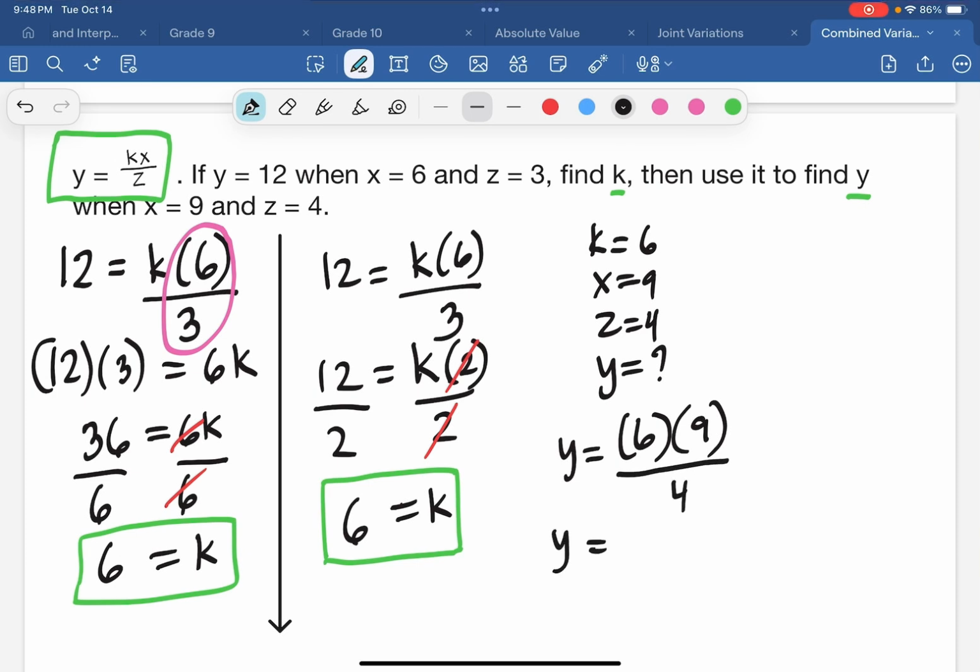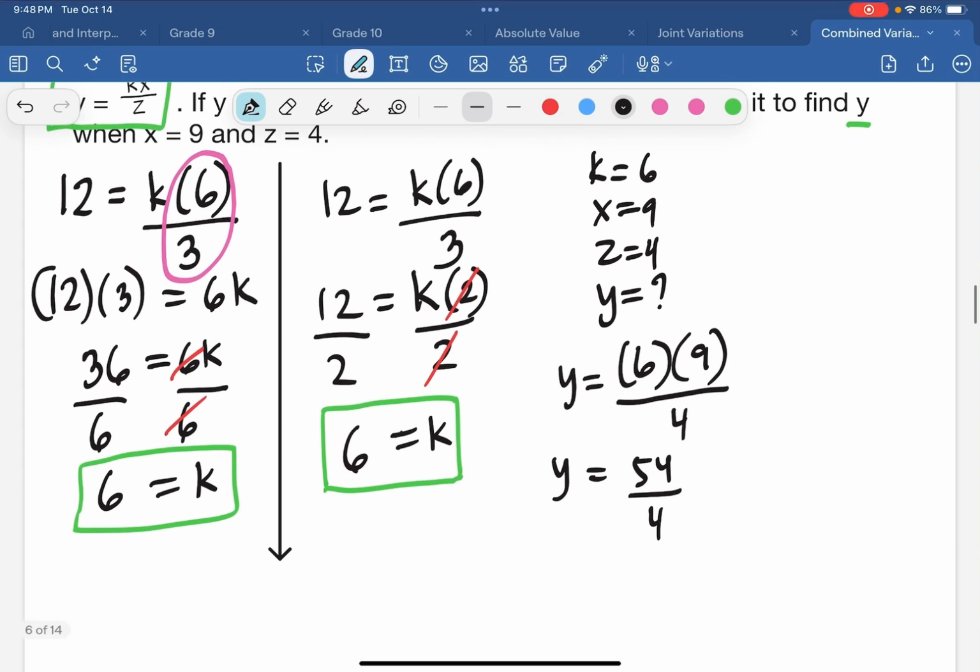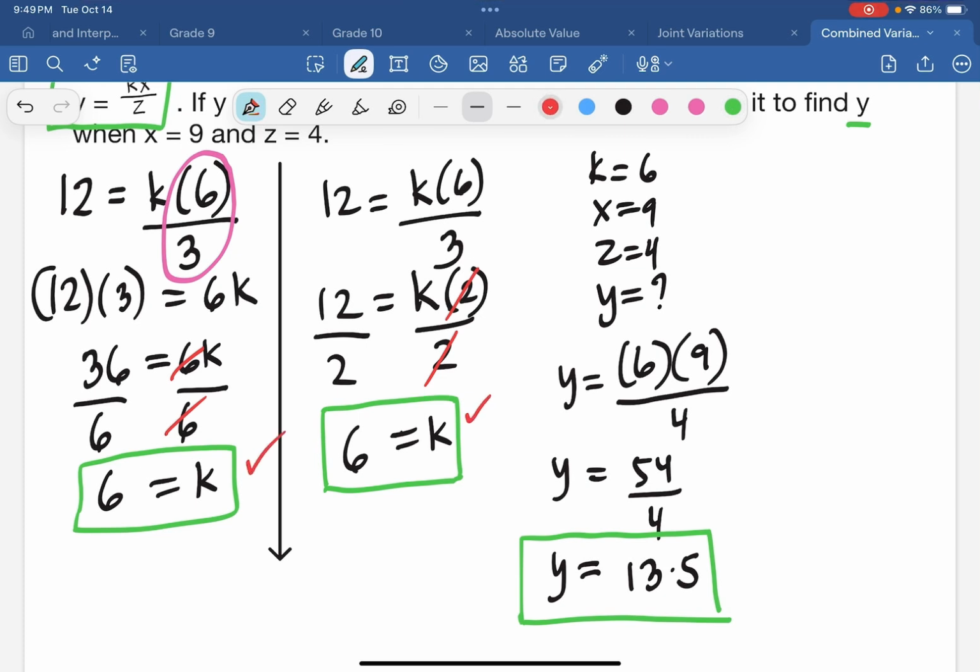So we have 6 times 9 is 54, and divided by 4. So 54 divided by 4 is 13.5. And this is our final answer. First is we have the value of k, and next is the value of the new y based on the second part of the problem.